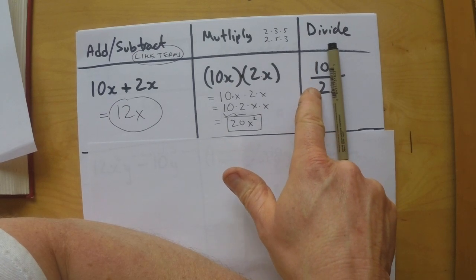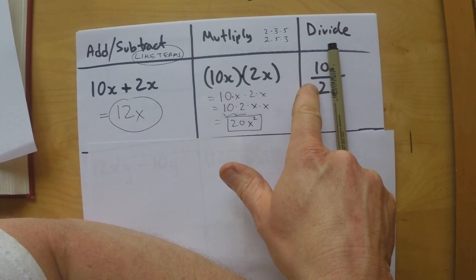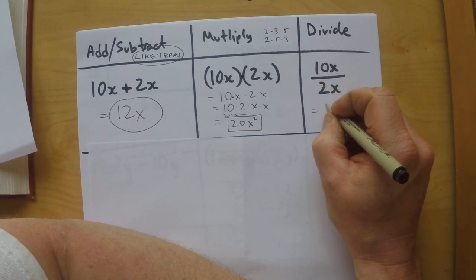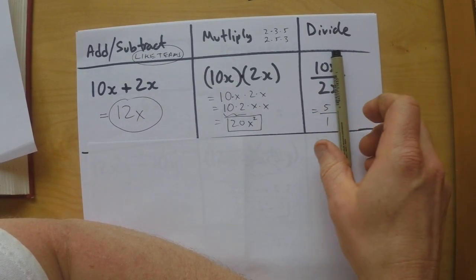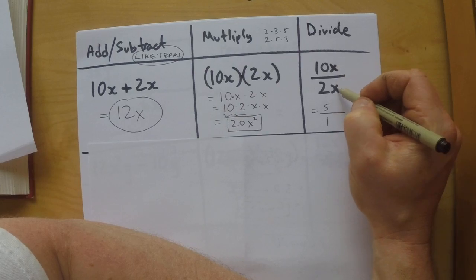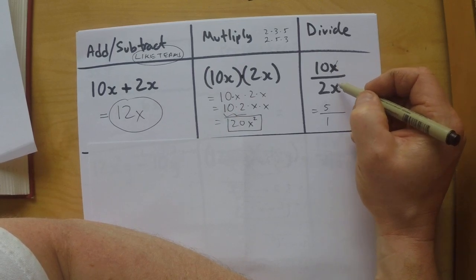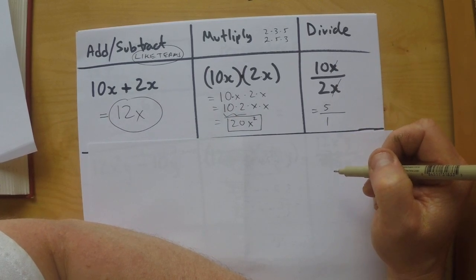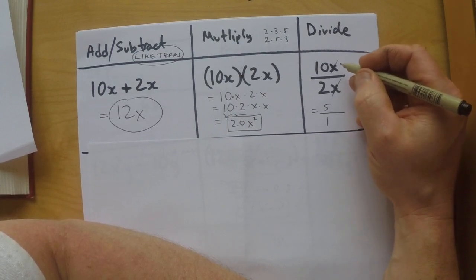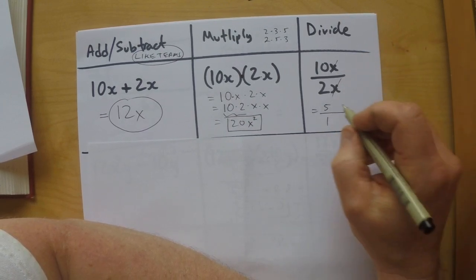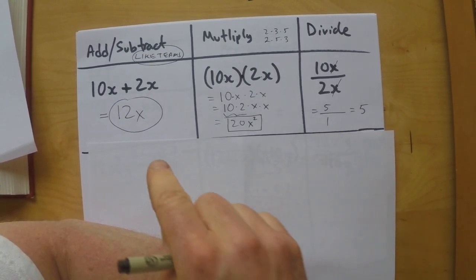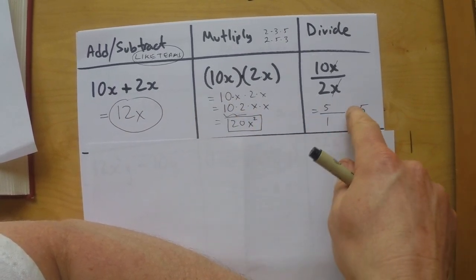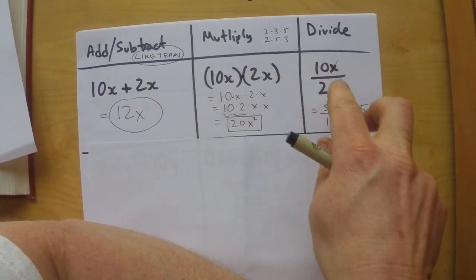So 10 divided by 2 is 5 over 1, which in lowest terms is just 5. And then x divided by x, they divide right out. You're allowed to divide those two out just like you would with exponents. And you're left with 5. So notice how those are all very different, and yet they all have an interesting connection.